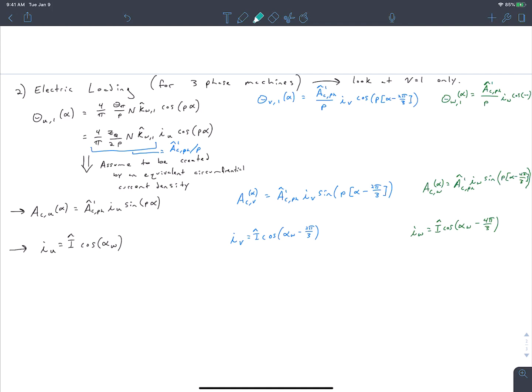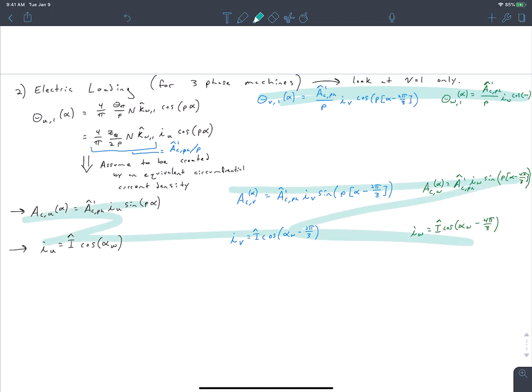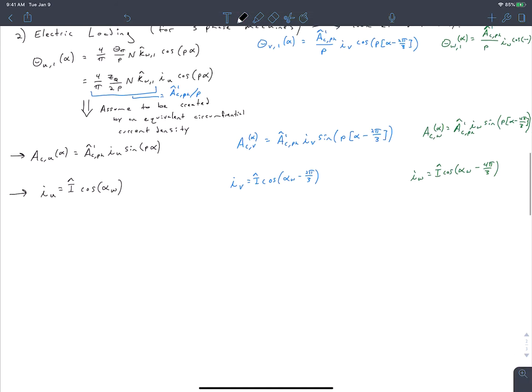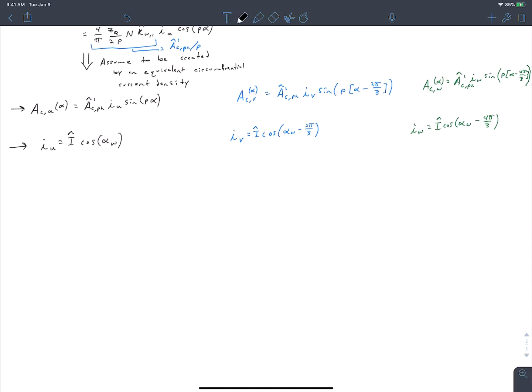At this point, everything that I've just put on the screen is a review, except this quantity right here, which we've derived in the video lectures for today's lecture. But all the rest of this, all these expressions here, all of this is all a review from our machine sizing unit. So when we had these results, we showed that we could drive our electric loading.